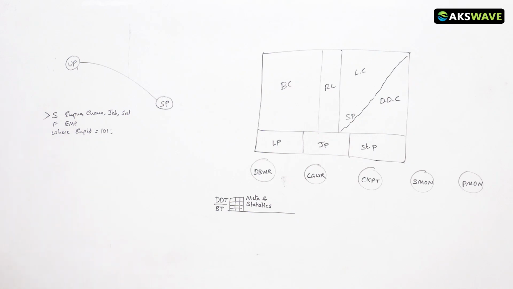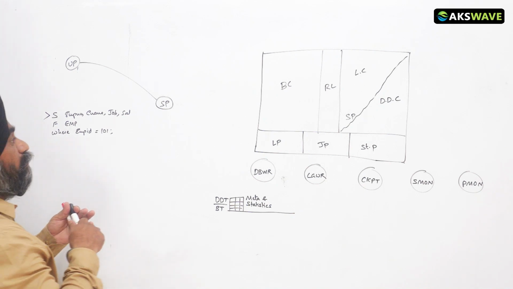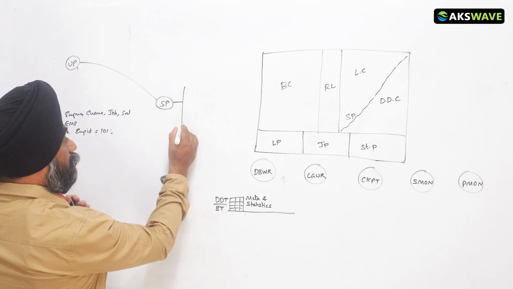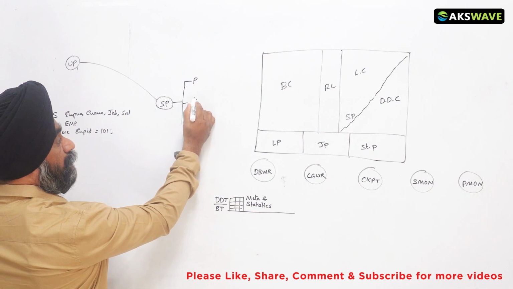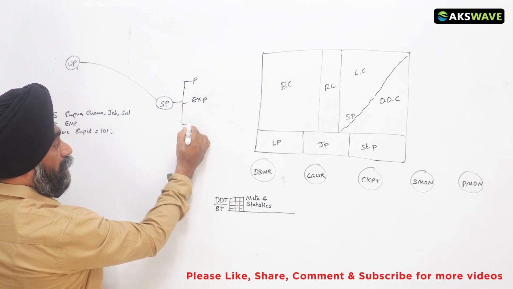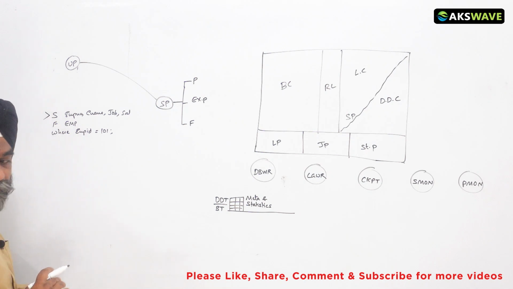This is the query I'm going to submit. Whenever you submit the statement, it does the first step, parsing, the second is execution plan, and the third operation is called fetch. I'm just writing the short keywords here.